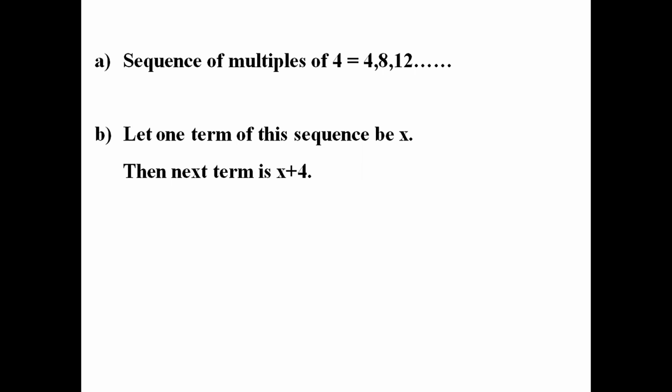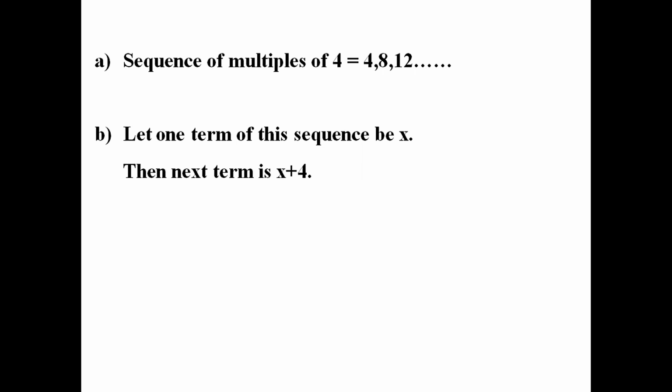Now, to get any term of this sequence, we have to add 4 to the previous term. So, if we take any one term as x, then the next term will be x plus 4. Now we have to write an algebraic expression to state that the product of any two consecutive terms of this sequence is 320.